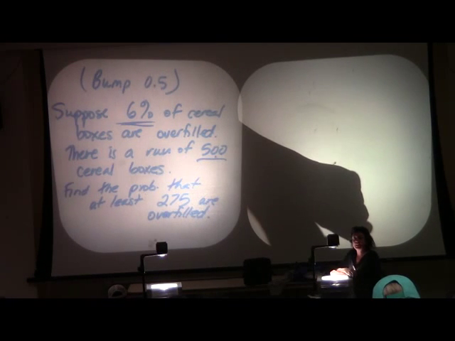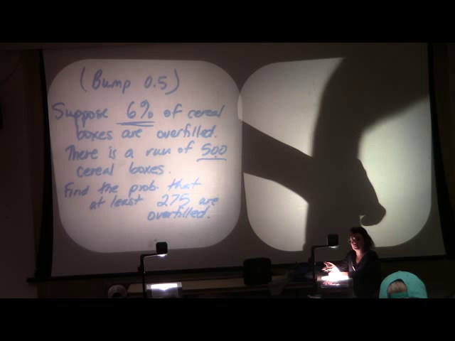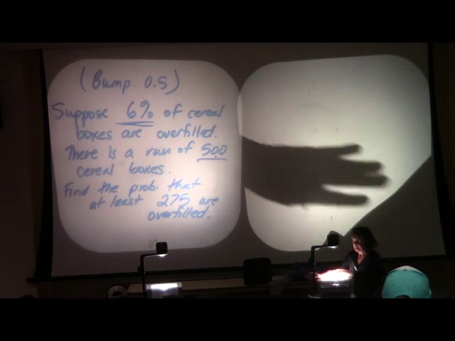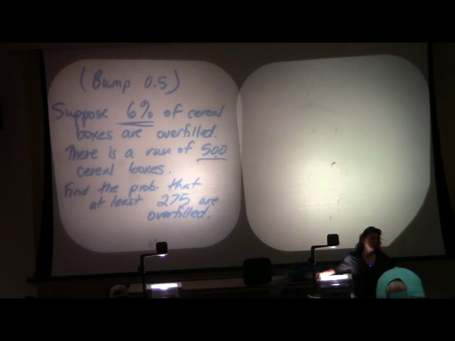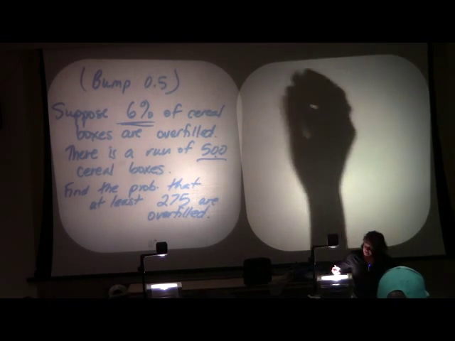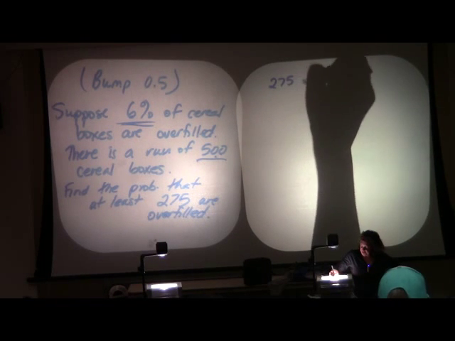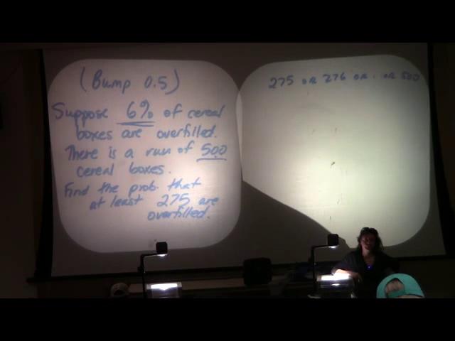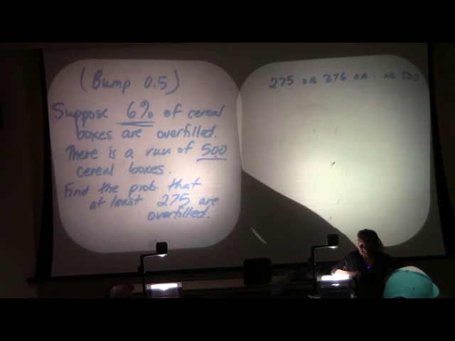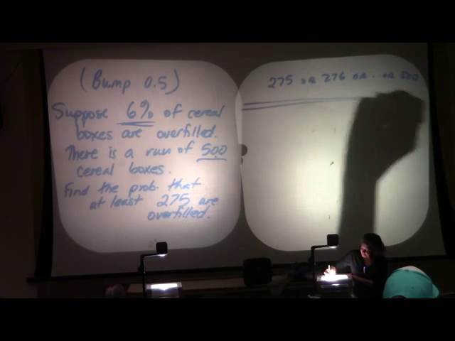Now, what I would say on a test is using the normal approximation, etc., etc. But let's look at this, you guys. If I want to find the probability that at least 275 cereal boxes are overfilled, do you guys agree that means 275 or 276 all the way up to 500? Do you want to do that many binomials? No. Is the complement any better? No. I mean, it's still 0 through 274.